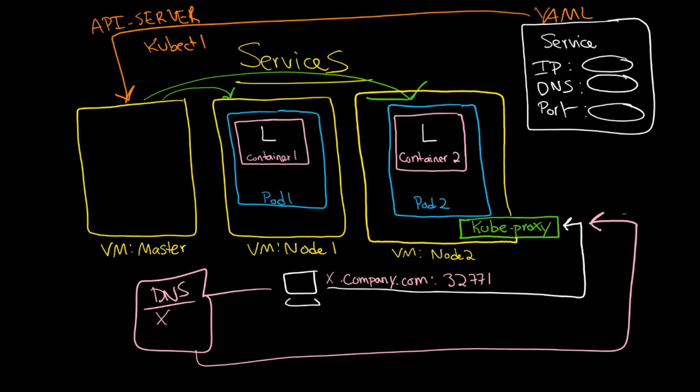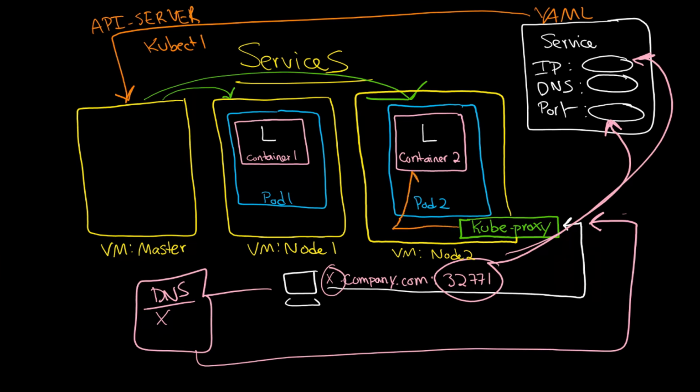Kube proxy says, let me check. I know 32771, that's the port, and I know the IP address because that's me. I just replied to it. And I know how to get you where you're trying to go. In fact, that's on my pod number 2. It's in container number 2, and here you go. When traffic flows this way, what you have is what's called a virtual IP, and that happens through kube proxy.